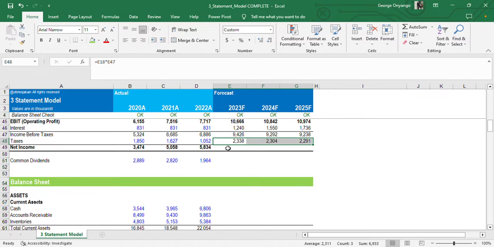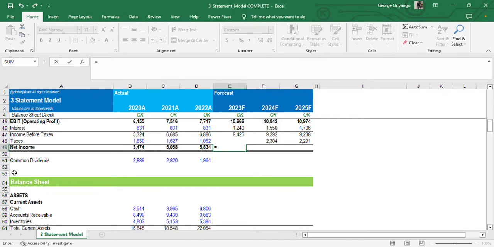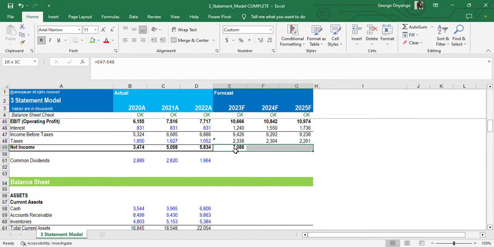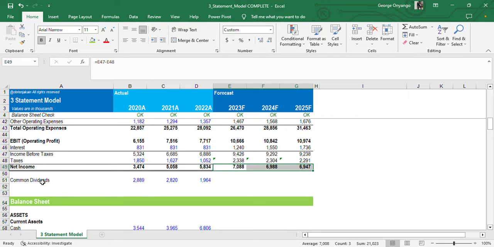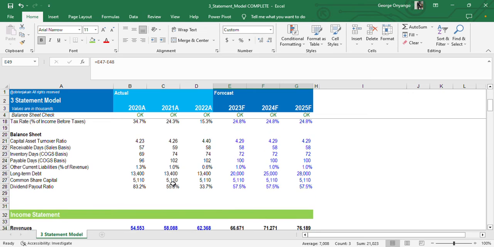Now to get the net income, net income is going to be income before taxes minus taxes, E48. So that is going to be our net income. To complete the income statement, let's check the common dividends.